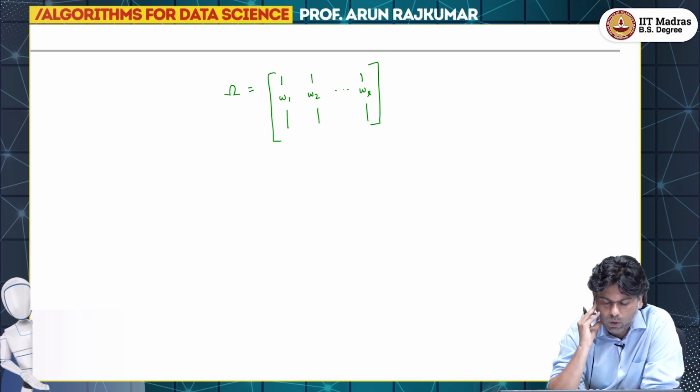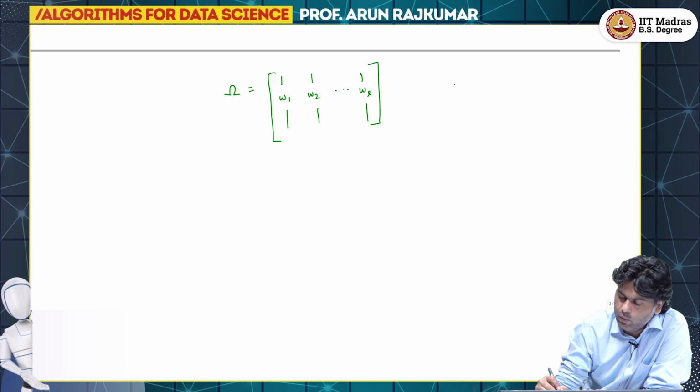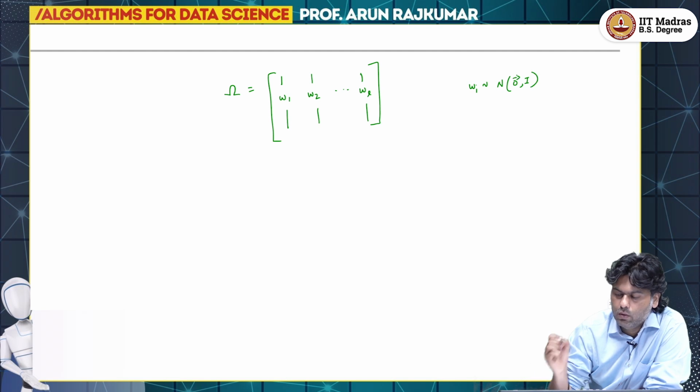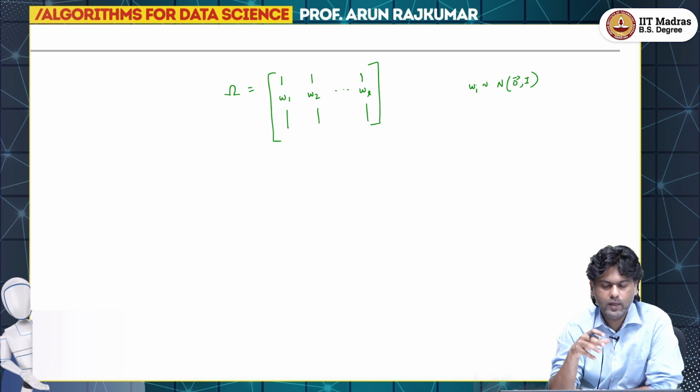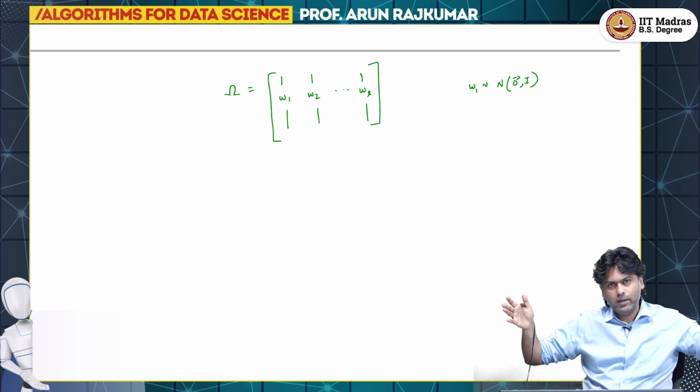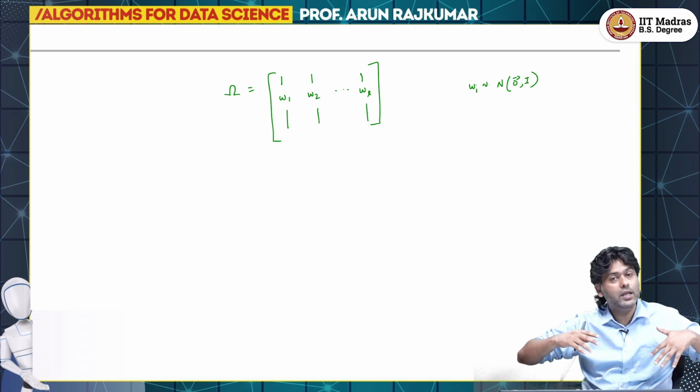Now each omega i is Gaussian with 0 mean and identity covariance. So this is the random part of it. Now I have D vectors in M dimensions, and D is much larger.